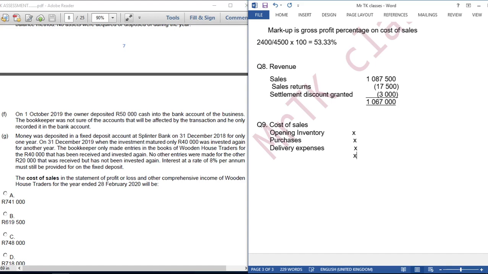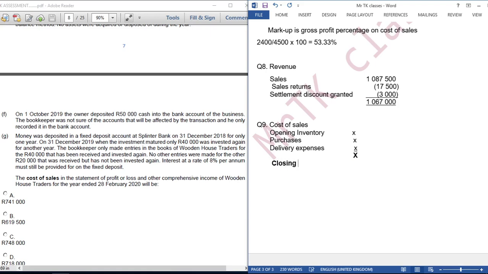What are we going to do with that total? Then we are going to subtract closing inventory.